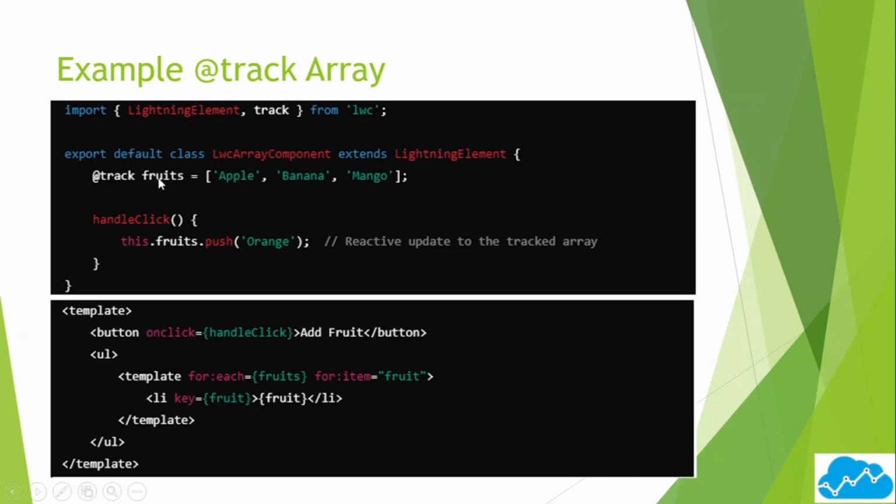So if we are going with an array and we are pushing a single value in that array, in that case also we have to decorate the array with the @track decorator, and also we have to import track over here, otherwise it is throwing an error.